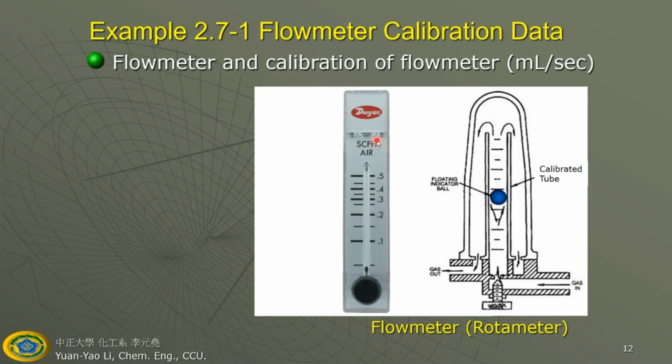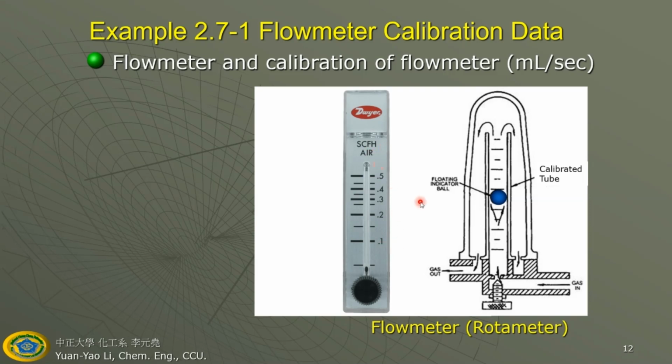So this is the volumetric flow rate. Volume divided by time is a kind of flow rate. Once this float goes to here, that will be 0.1 standard cubic feet per hour. If it goes to here, that's 0.4 standard cubic feet per hour. So this is how a rotameter works. However, sometimes the reading is not correct.